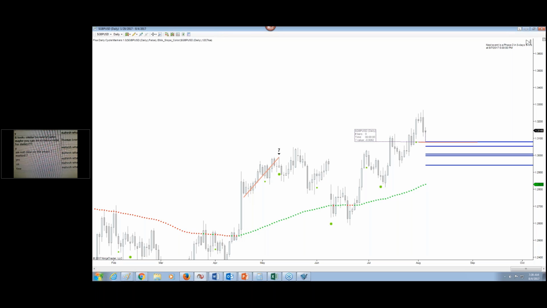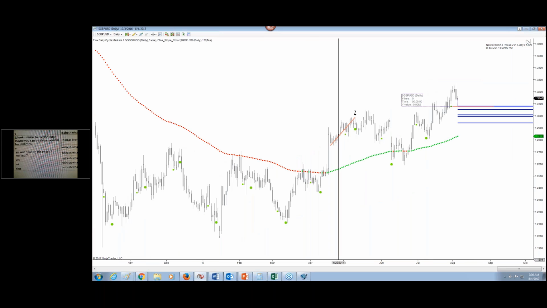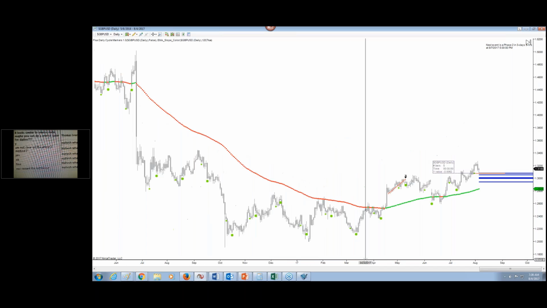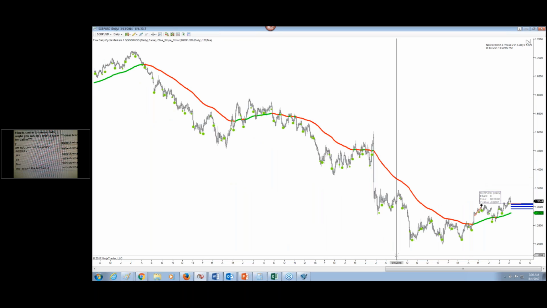So let's take a look at this market. And this is one of the clearest examples of resonant angle that I want to bring to your attention. It's actually pretty sweet.